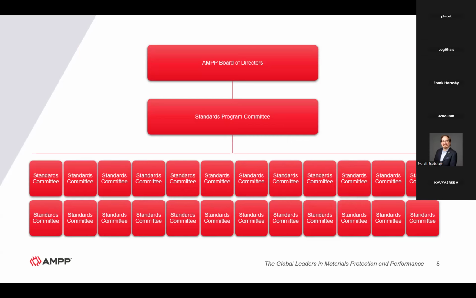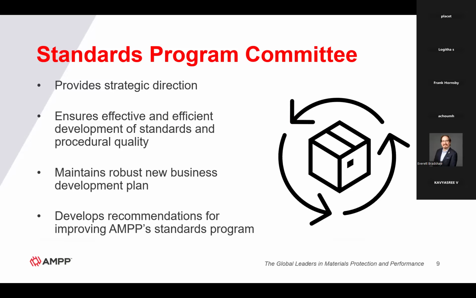Those committees are led by volunteers, and anyone can participate on those standards committees. This is where we don't require AMP membership at this level in our program. The standards program committee again reports to the AMP board, and they provide the strategic direction for our program.